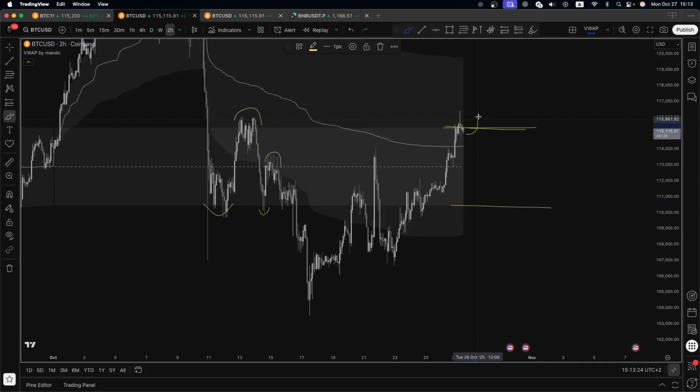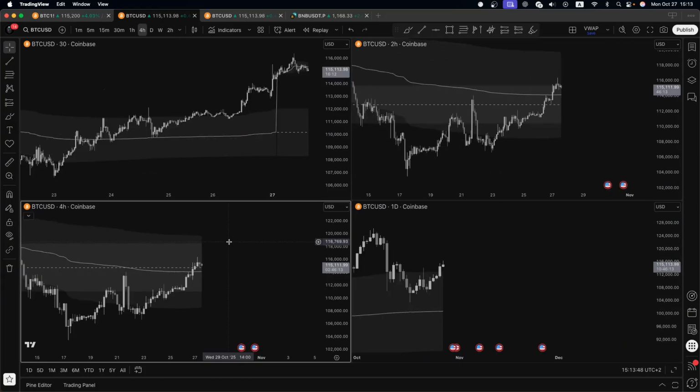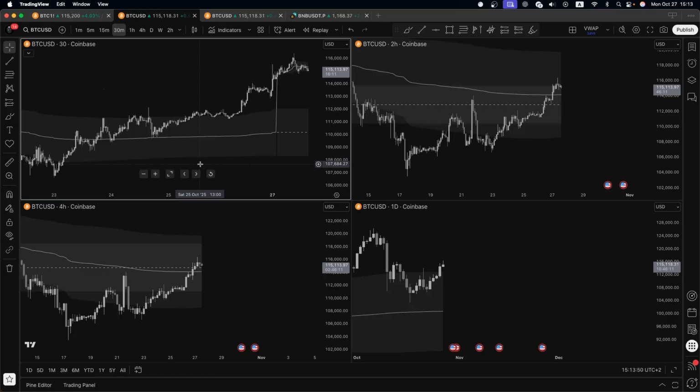So break above monthly value high for a potential move towards 120. Keep on breaking down below 116k, and we could get a rotation back to monthly value area low, right? So yeah, let's go now into the weekly, which offered some pretty clean trades.